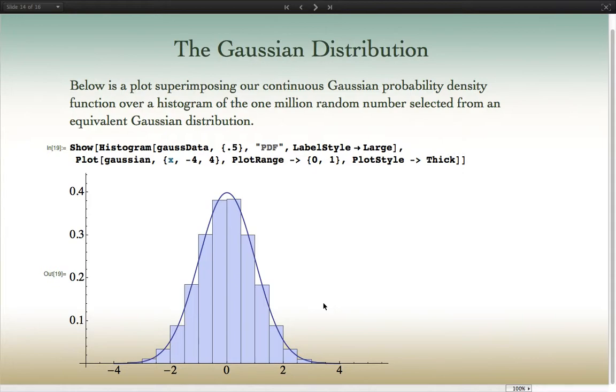One is the continuous Gaussian distribution, the smooth function here, which should give us the perfect answers. And then we have this approximation using the histograms, which is like our discrete distribution, but it's still a Gaussian one because all of our discrete data came from pulling numbers from this continuous Gaussian distribution. So that's what we're comparing here.